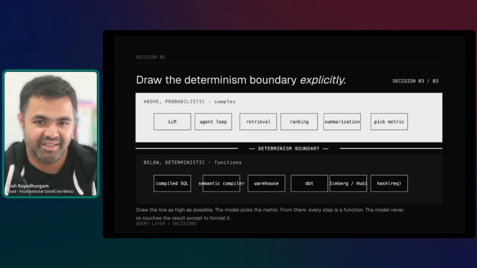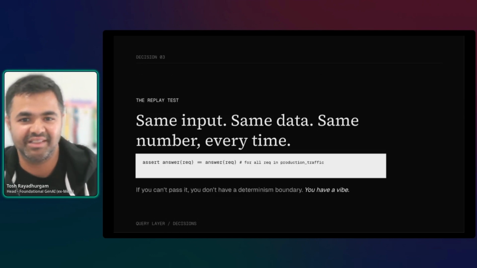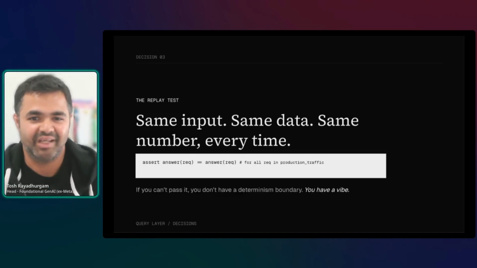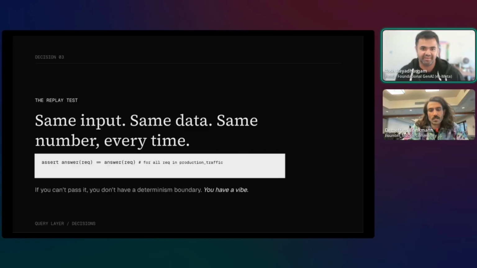So how do you know if you've drawn the line in the right place? I would say maybe do a cheap test: take the same agent request, the same context, and run it twice.